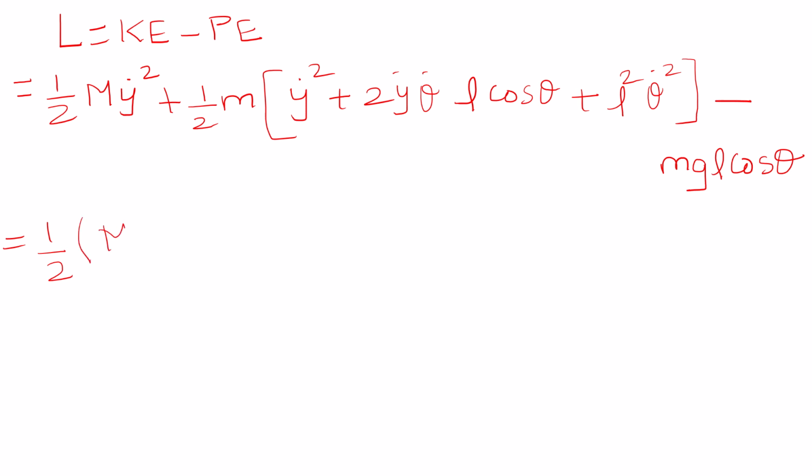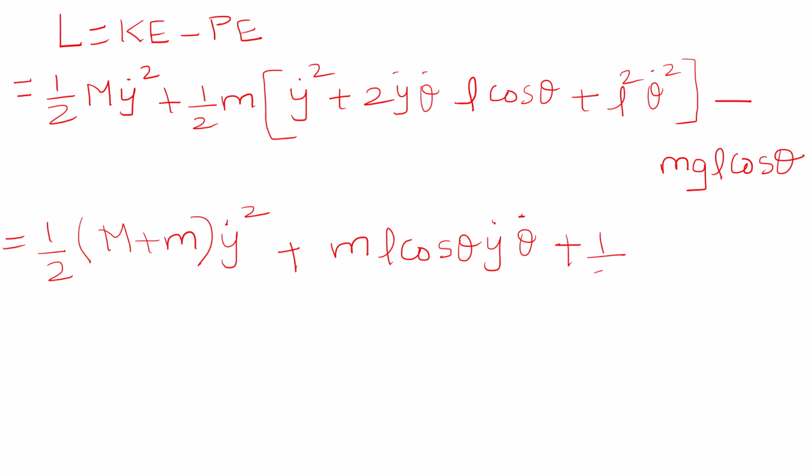It will be half into M plus m, y dot squared, plus, as the second term, m L cos theta y dot theta dot, plus half m L squared theta dot square, minus mgL cos theta. So this is your Lagrangian.